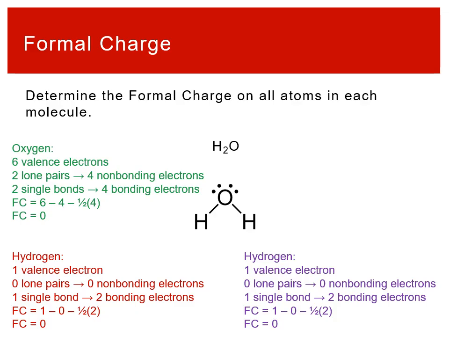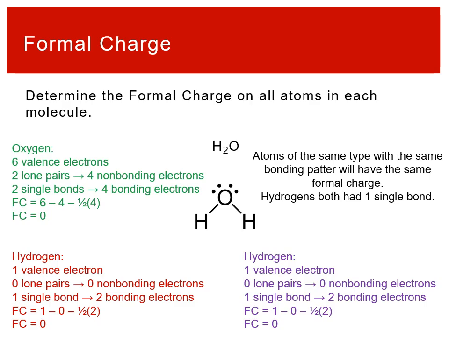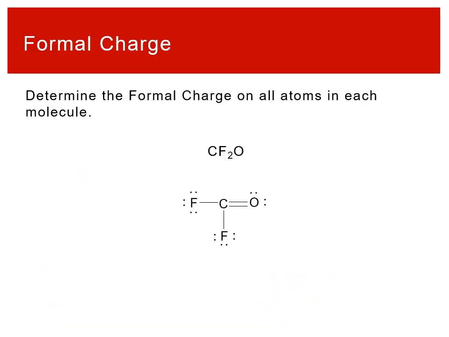The atoms of the same type with the same number of bonds. And so in general, that's always going to be true. So we didn't actually need to do both calculations for the hydrogens because we can see that they're both hydrogens and they both just have a single bond. So we could just say hydrogen 0, right? All the hydrogen atoms are going to be the same pattern.